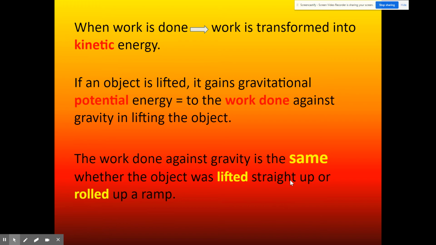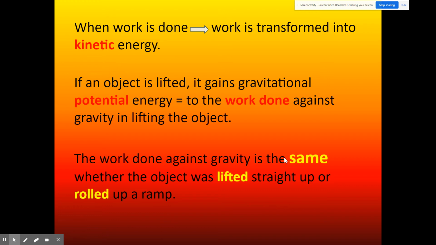So, the work done against gravity needs to be the same as the potential energy that the object has once it's lifted. And if you are lifting an object straight up or you are pushing it up a ramp, it's still the same amount of work. Even if one was easier than the other, you're still accomplishing the same goal.